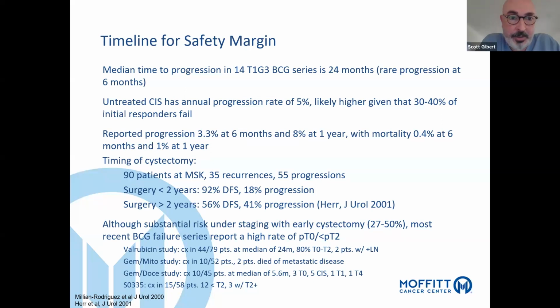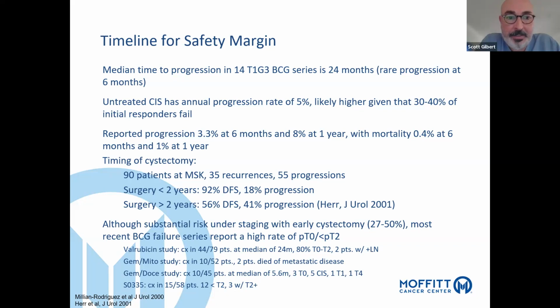And untreated CIS has an annual progression rate of about 5%, especially, likely higher than that in patients who've received BCG and failed, because their tumors are selected for a more aggressive phenotype or genotype.